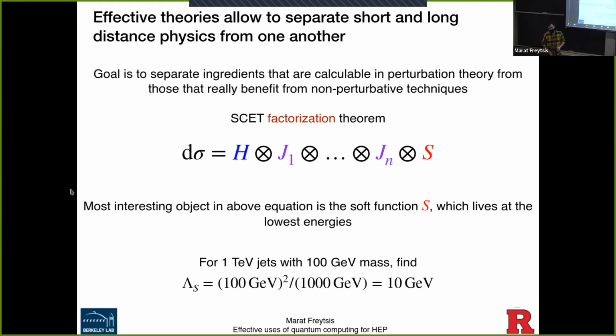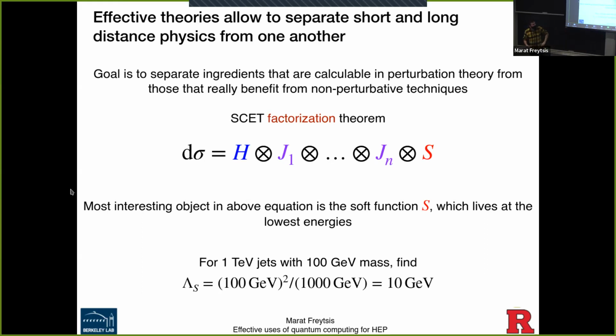So for jets at colliders, there's a general form of factorization theorem that you can prove, where overall the process turns into some convolution of a hard process, different contributions that are only relevant around particular collinear directions, and an overall soft radiation contribution.